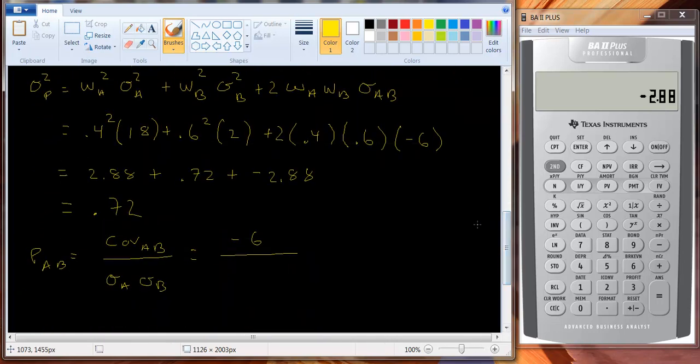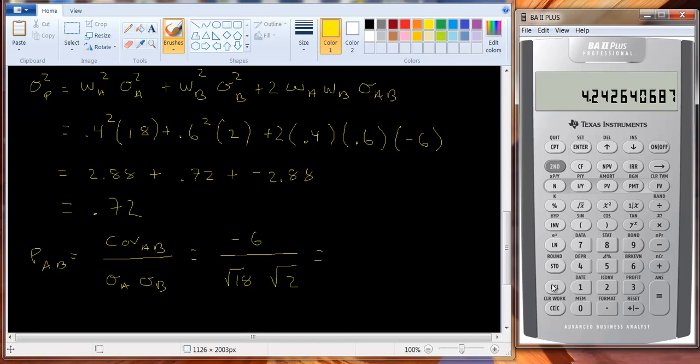So we're going to have square root of 18 times the square root of 2. And this hopefully will work out to be -1. Let's see. If we take 18 and we take the square root, I'm going to store that in 1. And then I take 2 and I take the square root of that and I multiply it by that first number.